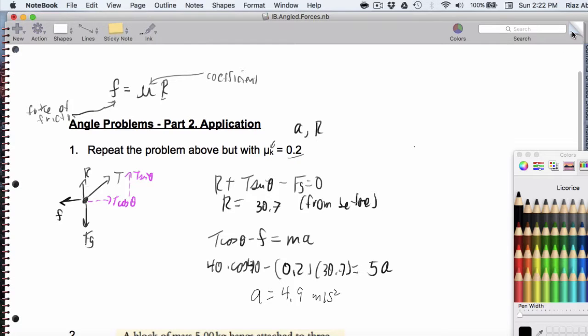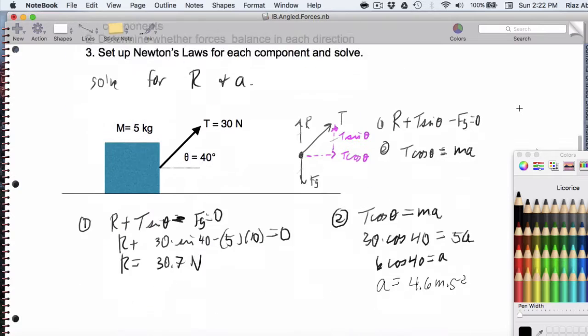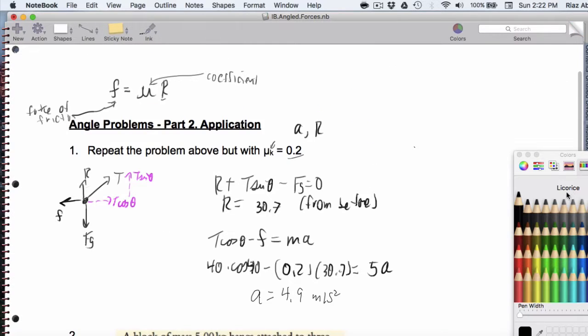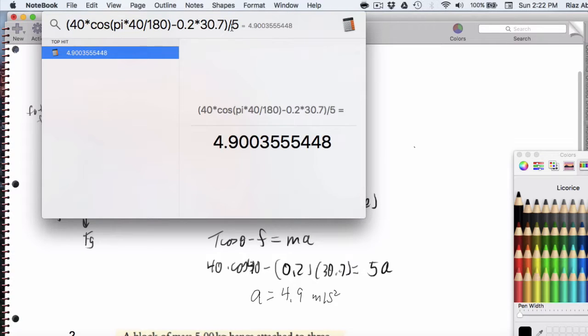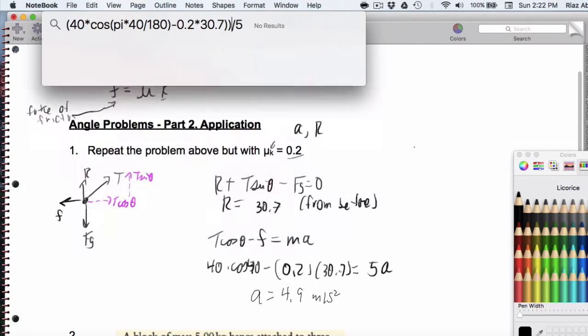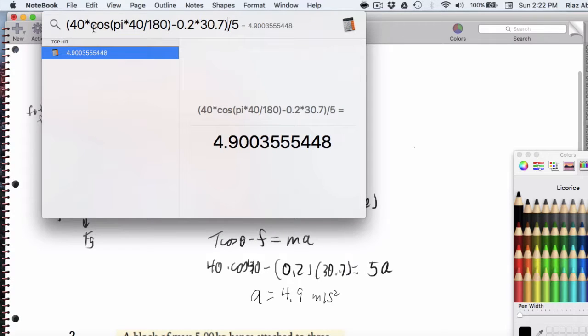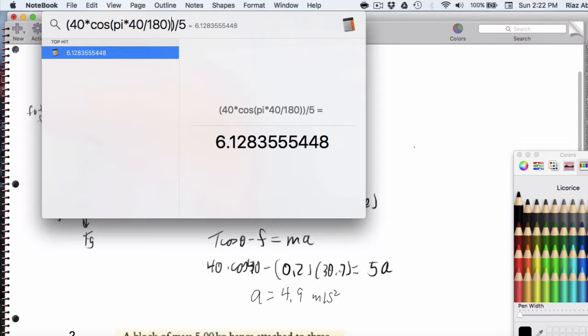Let me make sure that makes sense. 4.6, 4.9, nope, something's off. So let's see. 40 times the cosine of 40 times pi over 180. What would my acceleration have been before?